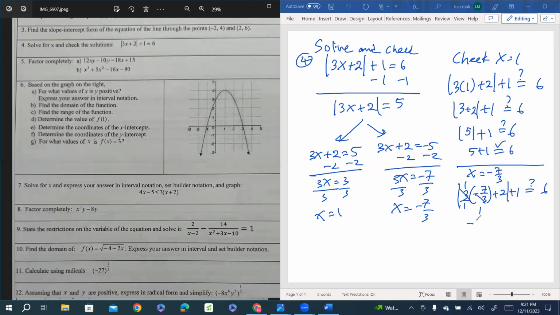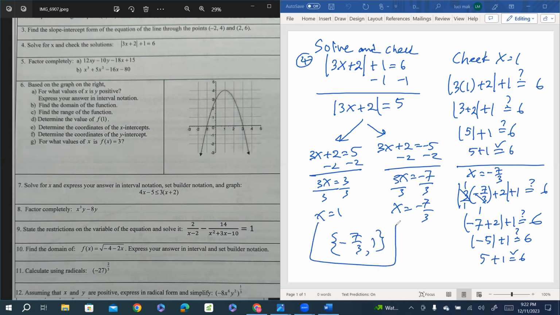So we get negative 7 plus 2 inside the absolute value, plus 1. Negative 7 plus 2 is negative 5, the absolute value of negative 5 is 5, 5 plus 1 is 6, so 6 equals 6, the check is good. So both answers check out, so negative 7 over 3 and 1 are your answers.